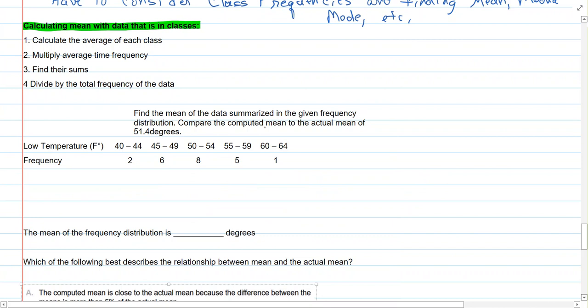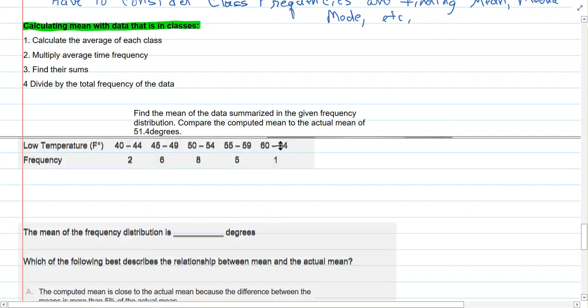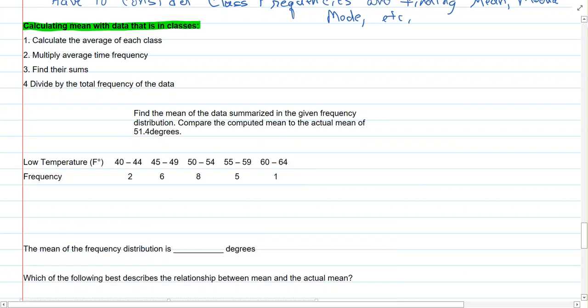Find the mean of the data summarized in the given frequency distribution. Compare the computed mean to the actual mean of 51 and 4/10. All right. Here we go. So we want the mean.